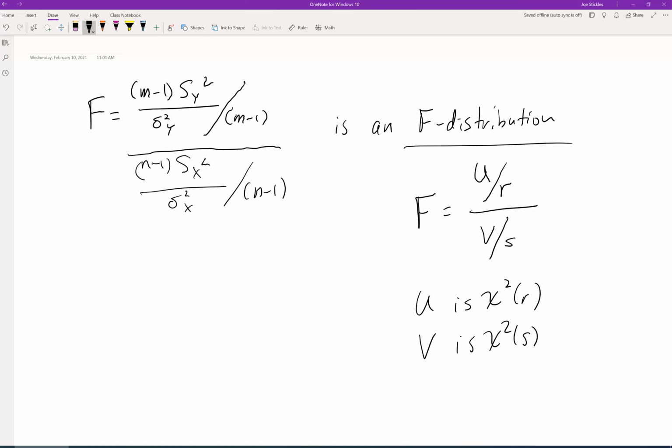So that's why we've got this funky formula for the F thing that I've written here for the variances. All right, so that's why this is an F distribution.